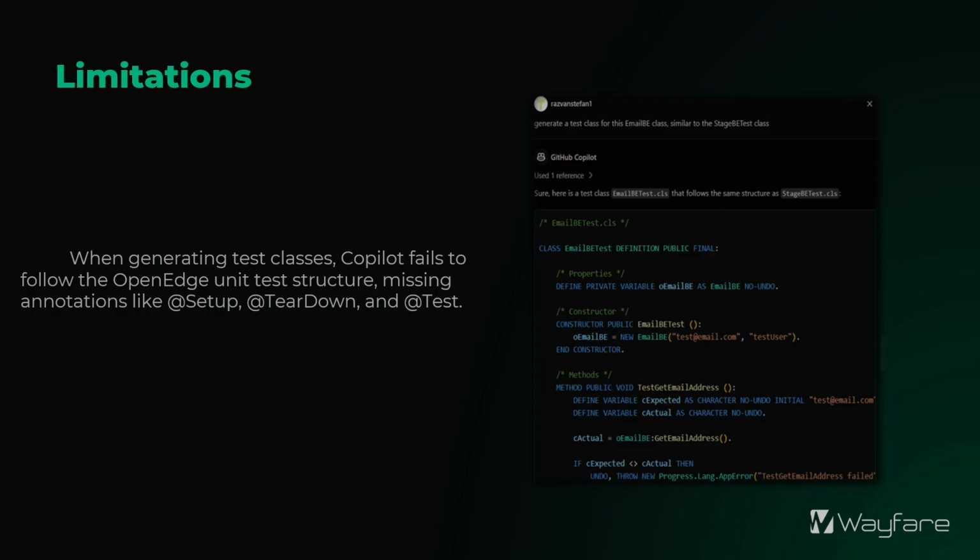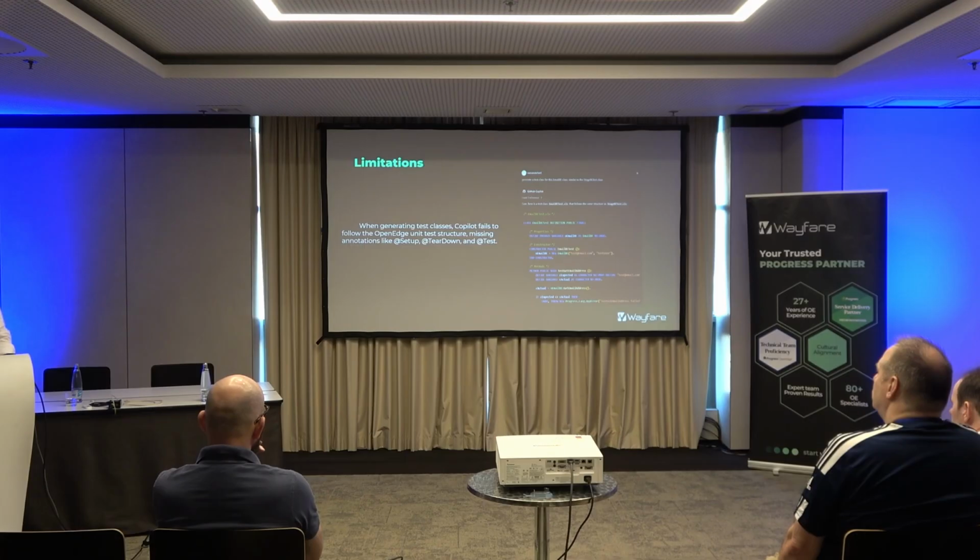Another limitation, when we try to generate a unit test for a class, as you see here on the right hand side, we said, hey, generate me a test class for email BE. We already have an example. You can take the example from the stage BE class.